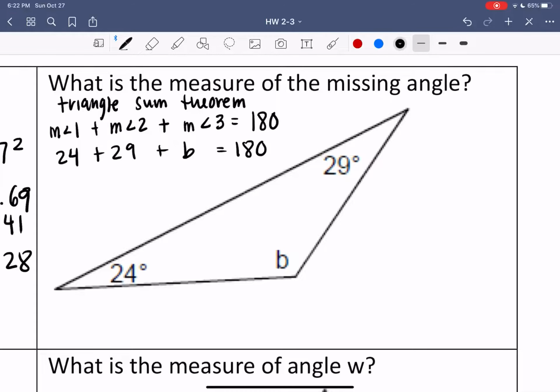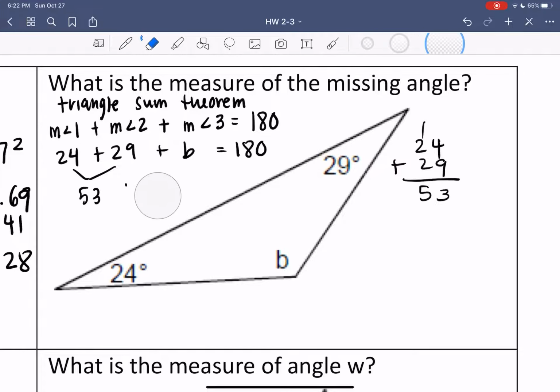And then here we go, we have to combine our like terms. 24 plus 29 is 53, plus b equals 180. And then you'll have to subtract from both sides, and you'll be left with what you'll get for angle B.